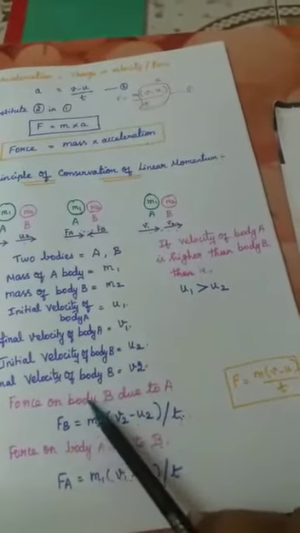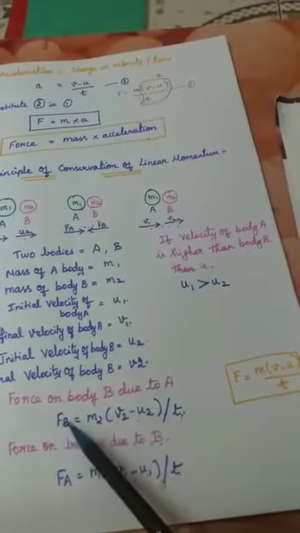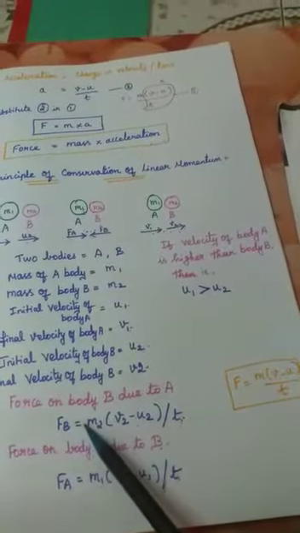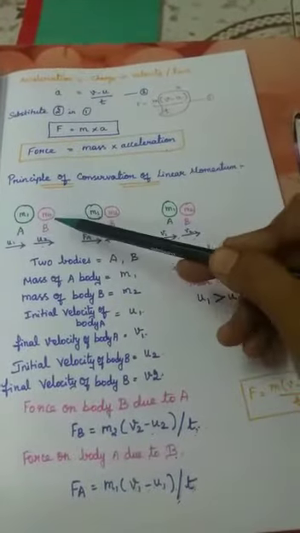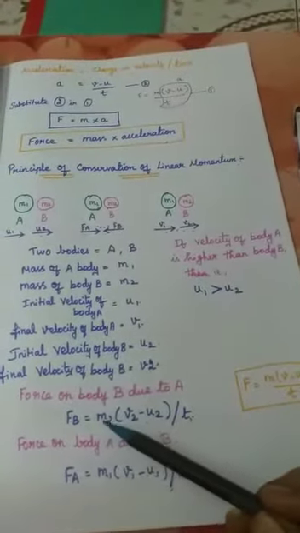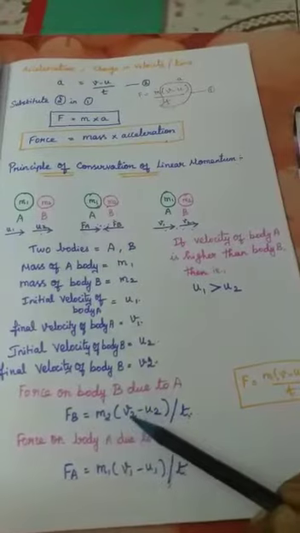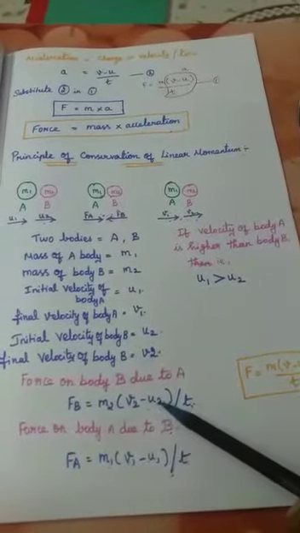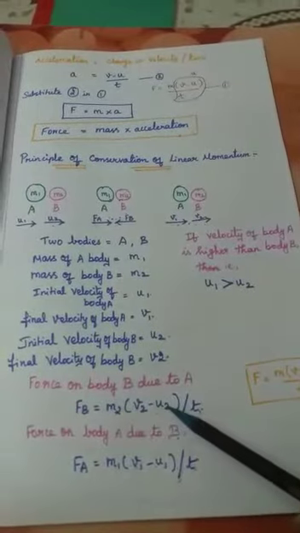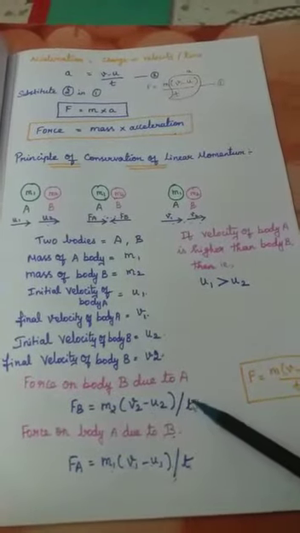The force on body B, Fb, is equal to the mass of body B, m2, into the final velocity of body B minus the initial velocity of body B, v2 minus u2, divided by the time interval t.